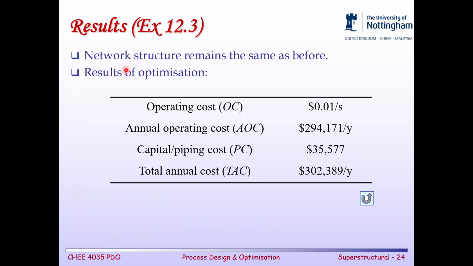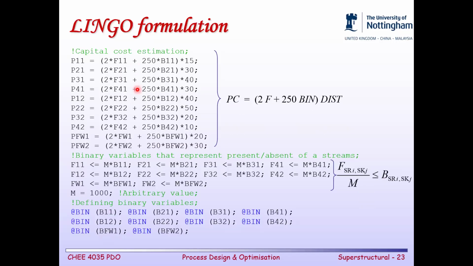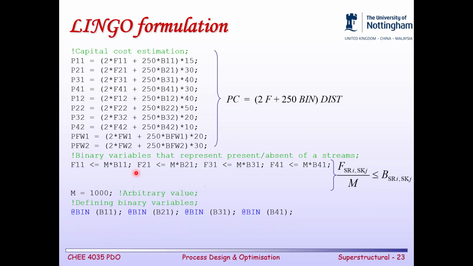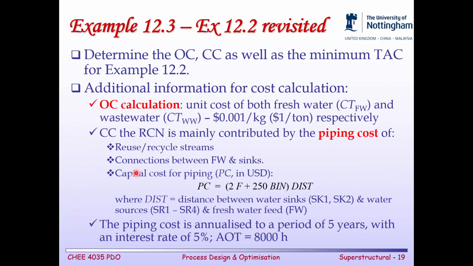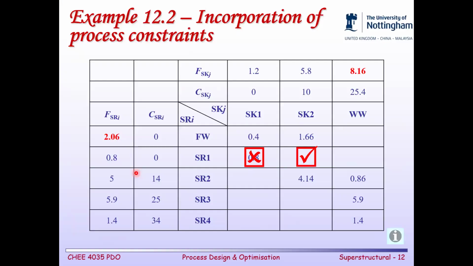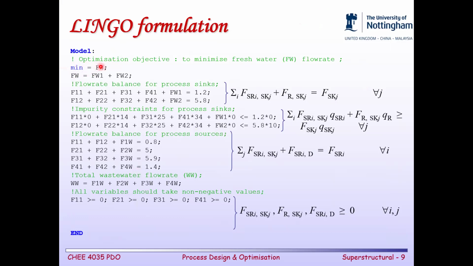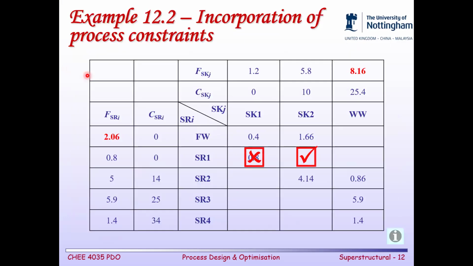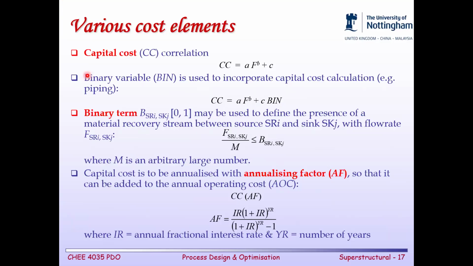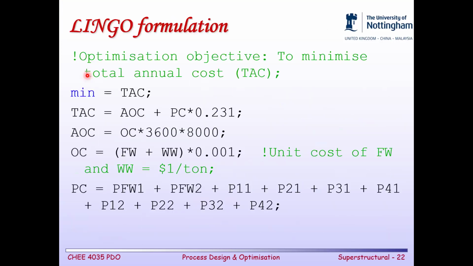These are already the results of the optimization. Of course, this code is incomplete. You have to include the code from the previous exercise, except the objective function. You remove this one and you add the code for this one to consider the annual cost.